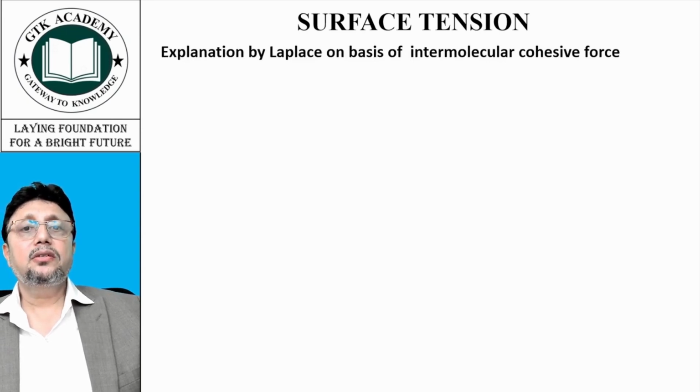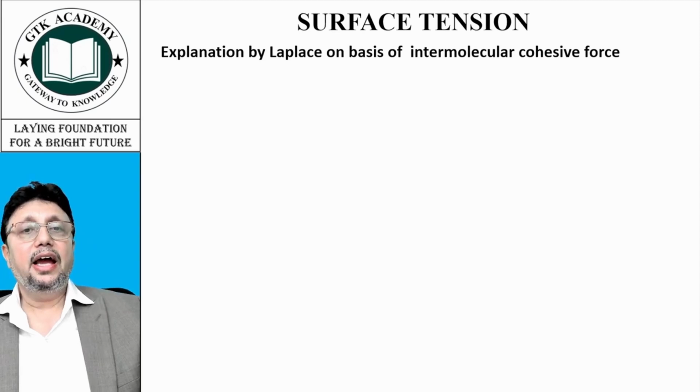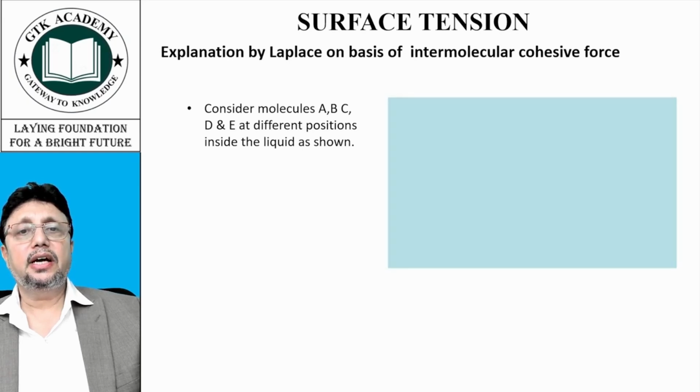Now, Laplace, on the basis of intermolecular cohesive force, explained the reason behind this phenomenon of surface tension. Let's see his explanation. Consider molecules A, B, C, D, E at different positions inside the liquid. Say this is a liquid.